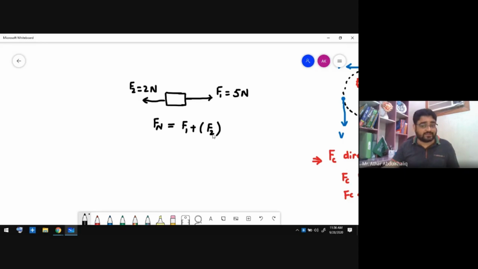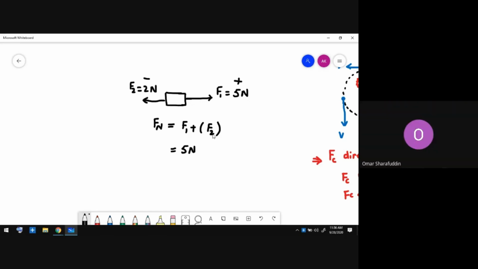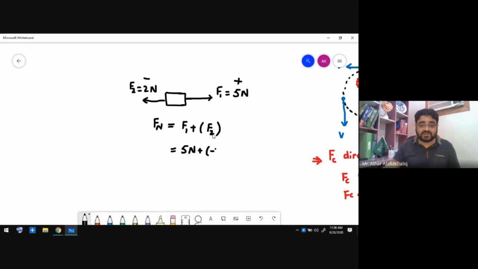Actually, you will add them, but F2 is on the left side, so you will take it negative, and F1 is on the right side, so you will take it positive. So you will write 5 Newton plus negative 2 Newton. In this way, your answer will be plus 3 Newton, which means 3 Newton to the east. Right or east, both are correct.